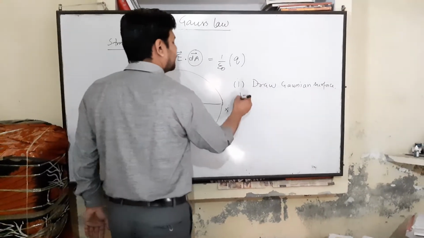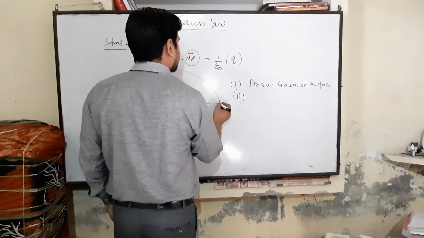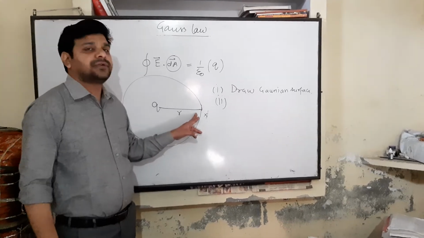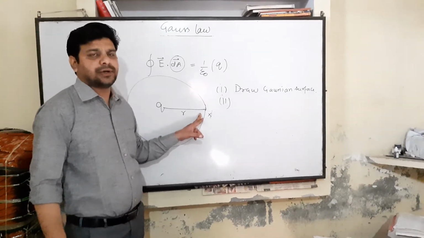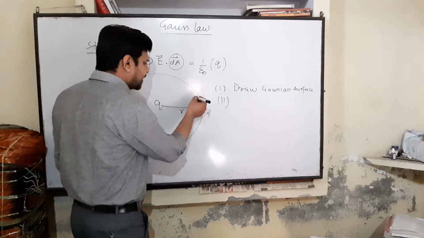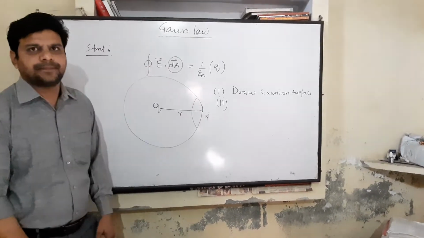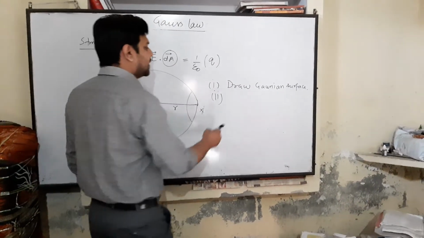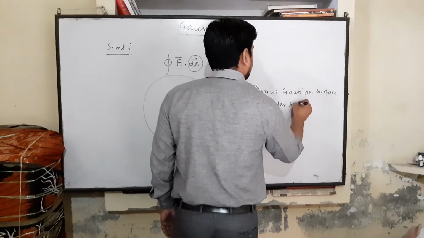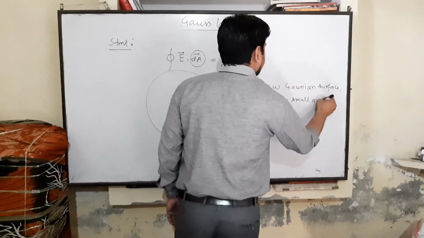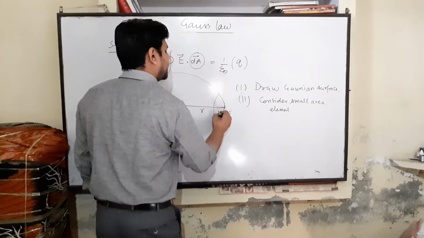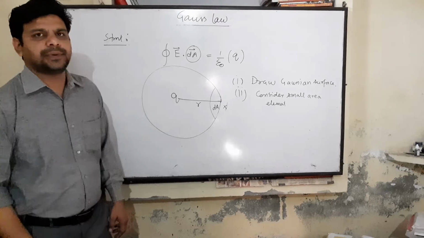Second step: at the point at which we have to calculate the intensity of electric field due to the given charge configuration, consider a small area of this surface. Consider a small area element. Let's suppose it is dA.